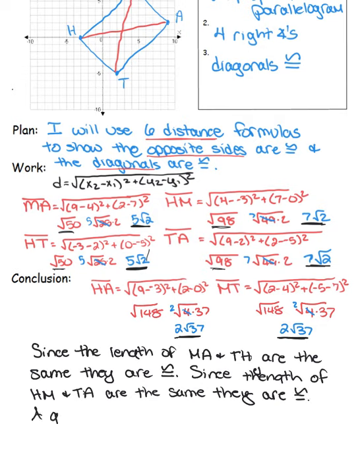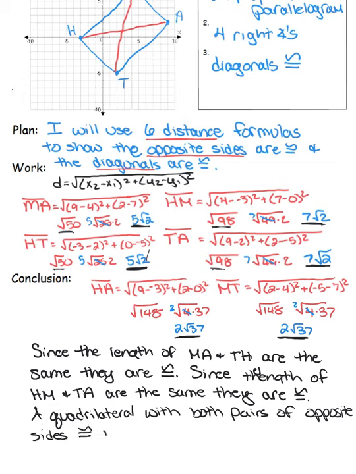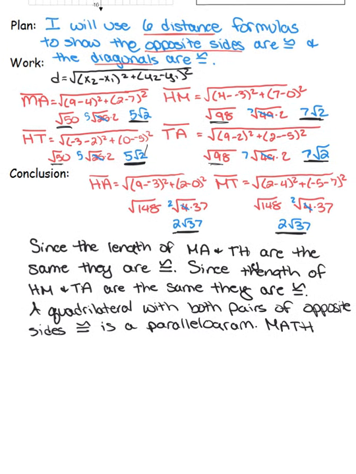A quadrilateral with both pairs of opposite sides congruent is a parallelogram. MATH is a parallelogram.